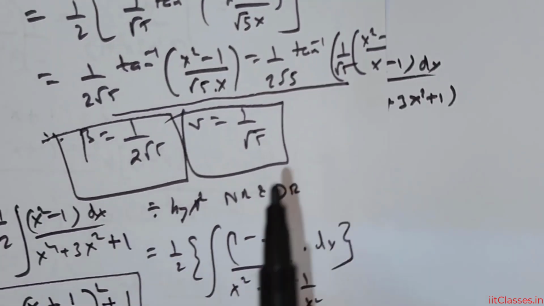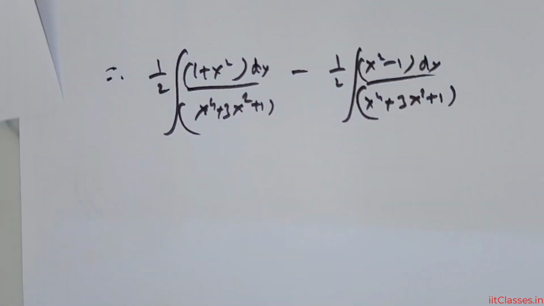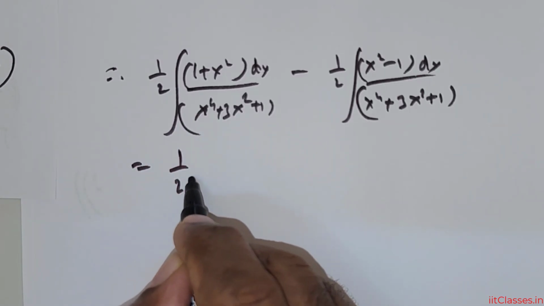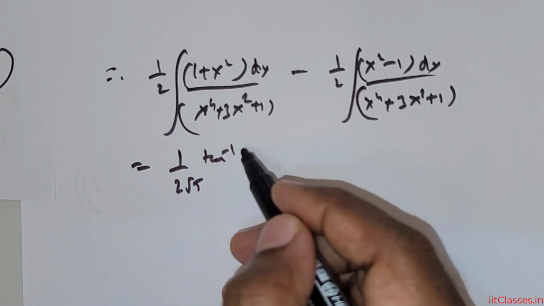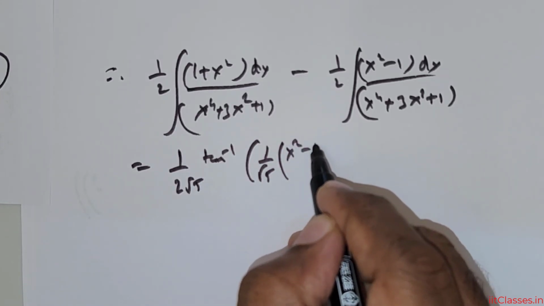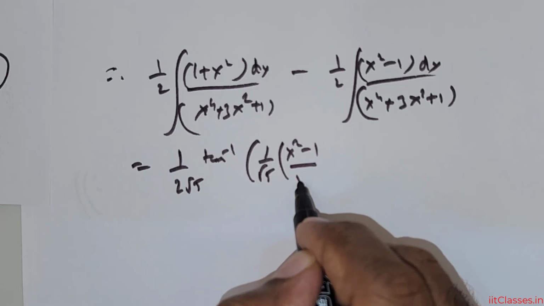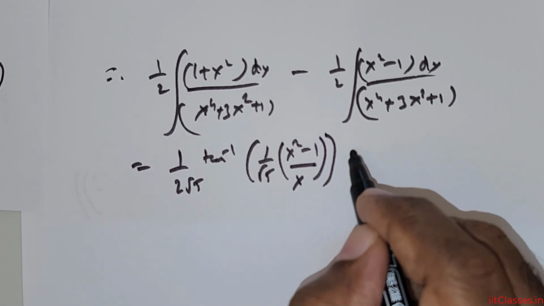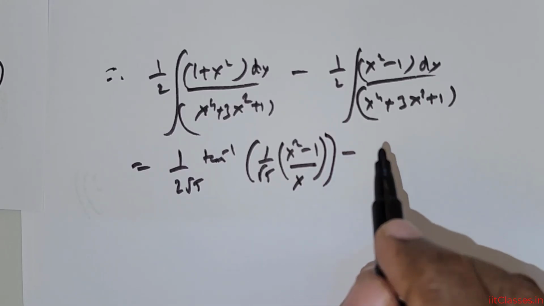So let me rewrite that. This is equal to 1 over 2 times root 5 tan inverse of 1 over root 5 of (x² − 1) divided by x. This is the first part, followed by the second part.